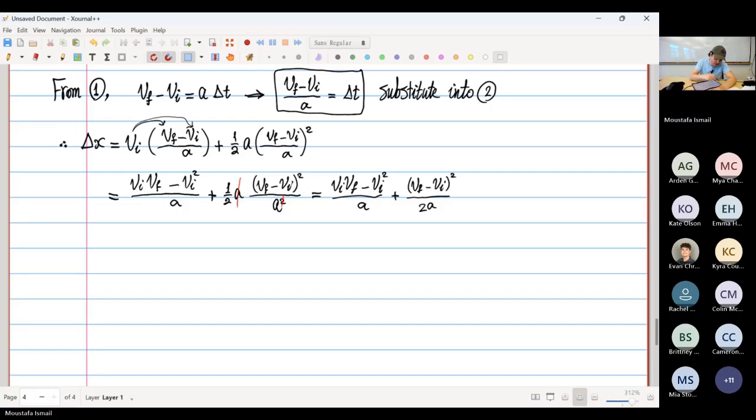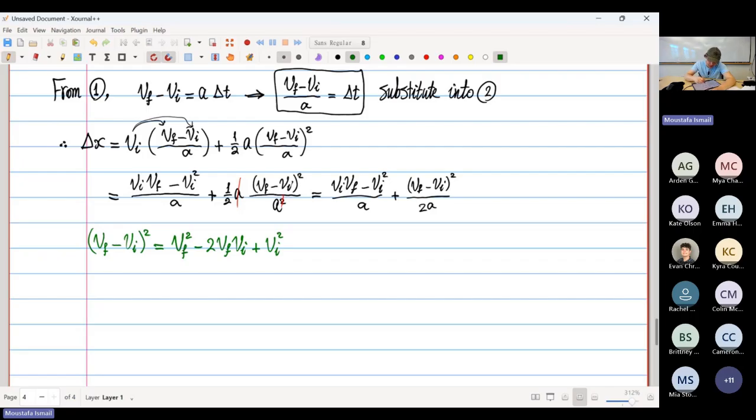Great. The next step is to expand the square bracket. So we have V final minus Vi all squared. To expand the bracket, you square the first term, you square the second term, and you have the cross term twice. So that becomes V final squared minus 2Vf Vi plus Vi squared. Because when you square a negative number, you get a positive number.